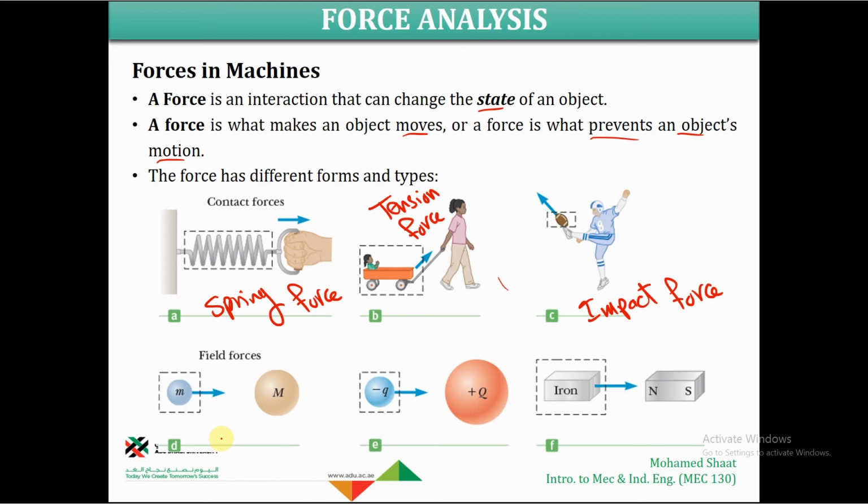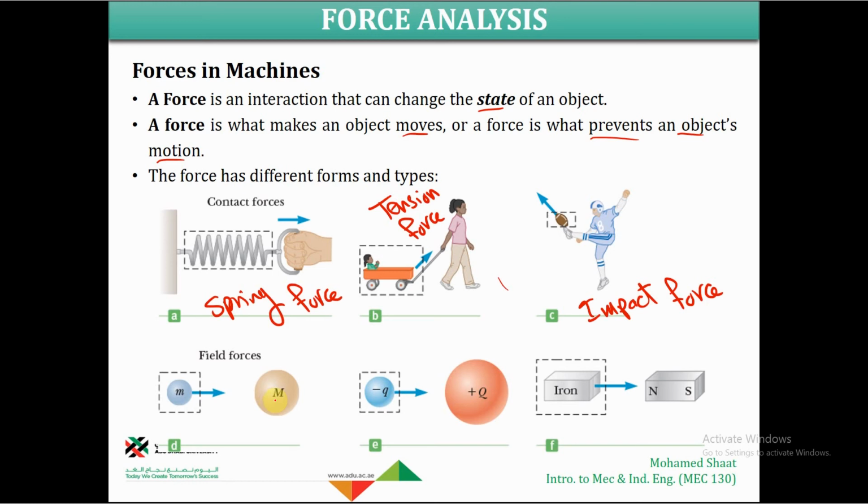Also, we may have a force known as a field force, like the gravity force. This gravity force is what keeps us from flying into the sky, going into space. For example, thanks to this gravity force, we can live on the earth. This is the gravitational force between our body, our mass, which is very small, and the huge mass of the earth.